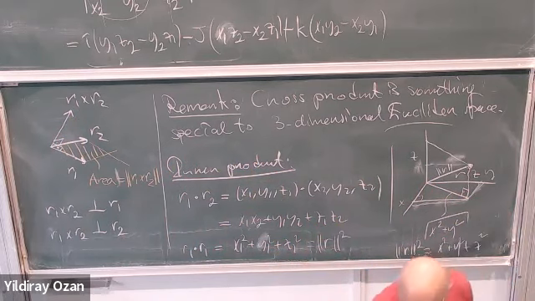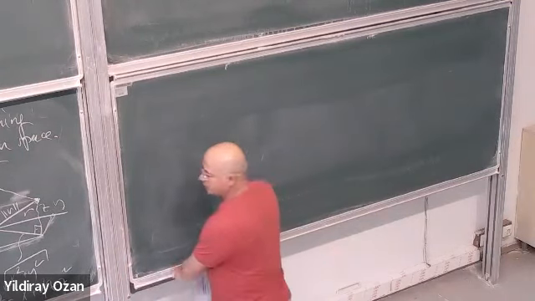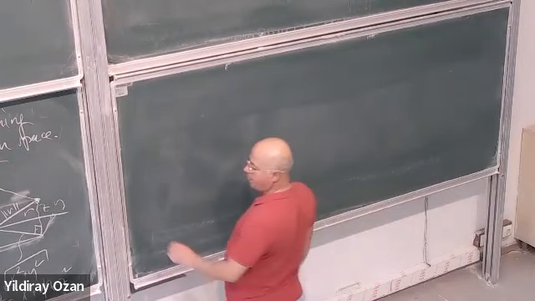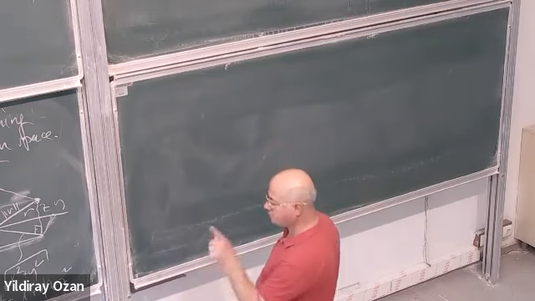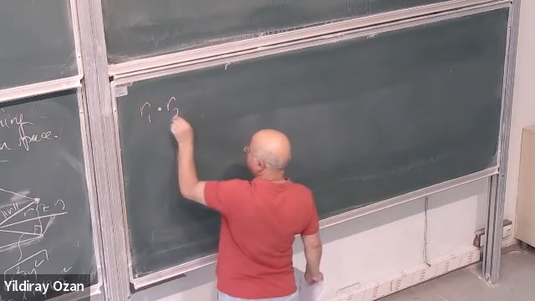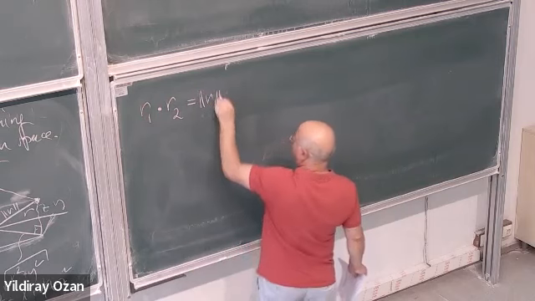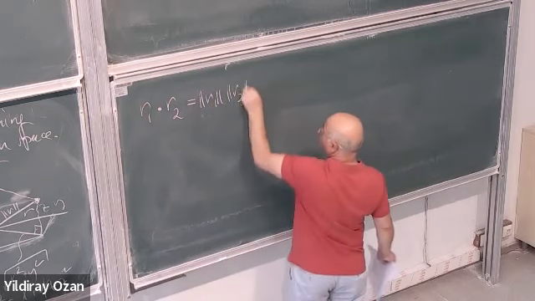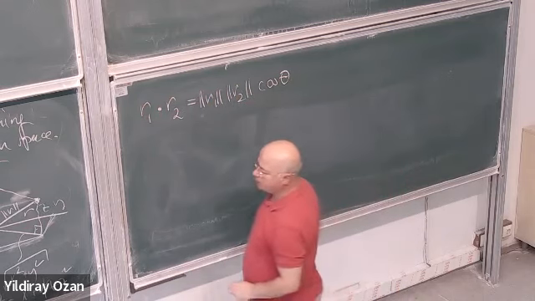We have also the following properties for cross product and dot product, or scalar product. For example, R1 dot R2 is equal to the length of R1 times the length of R2 times the cosine of the angle between these two vectors.